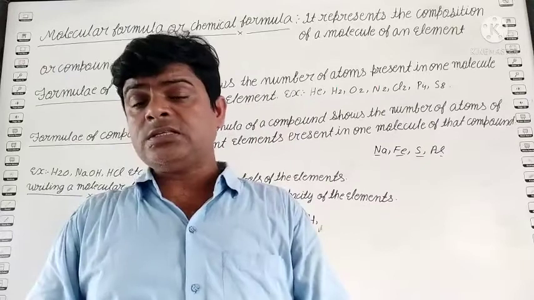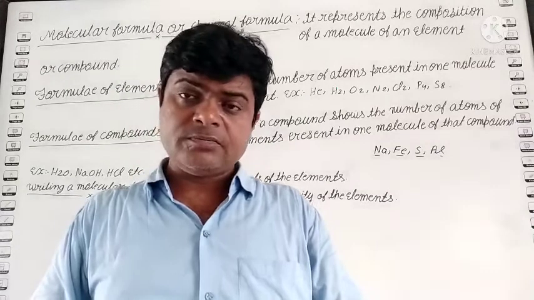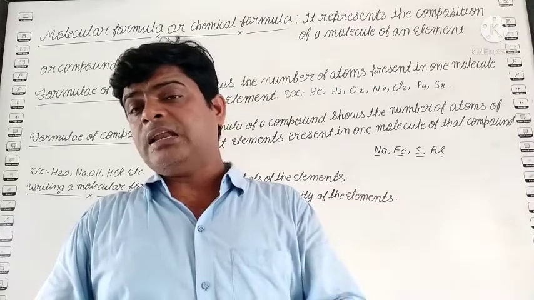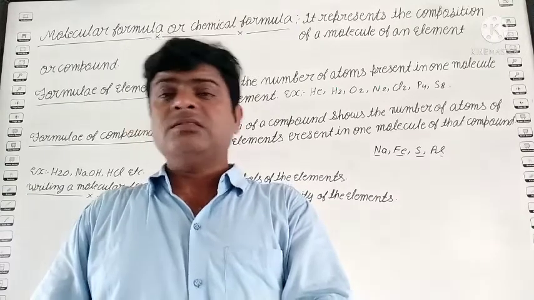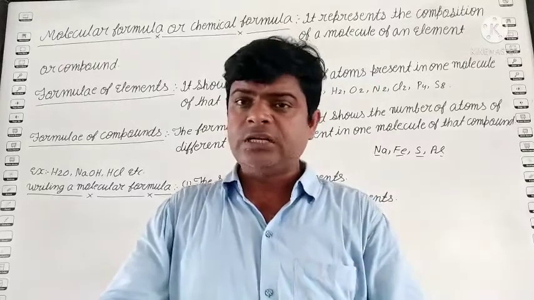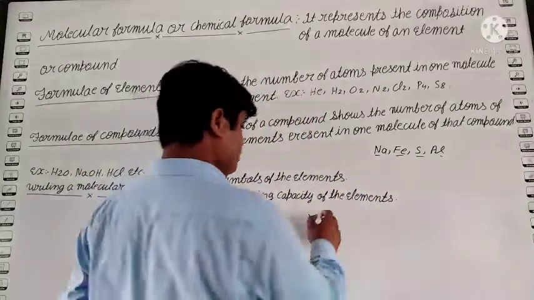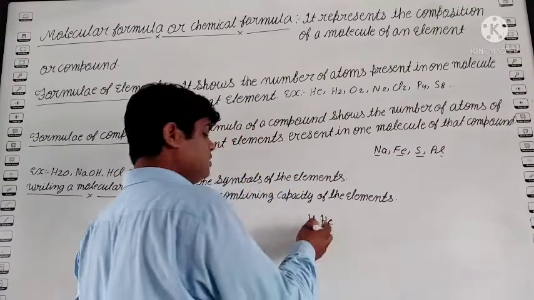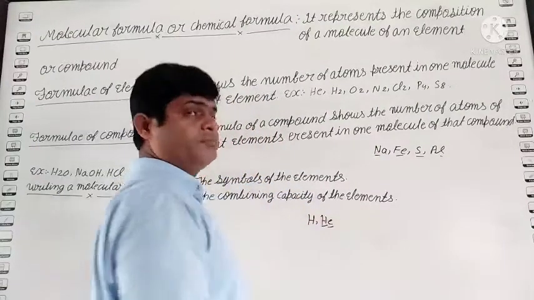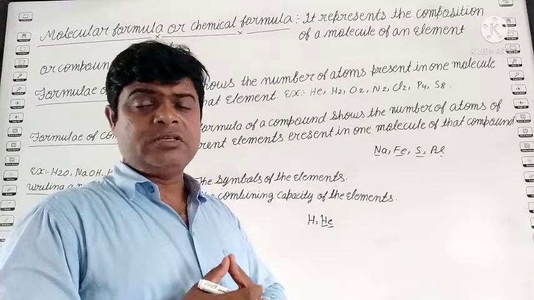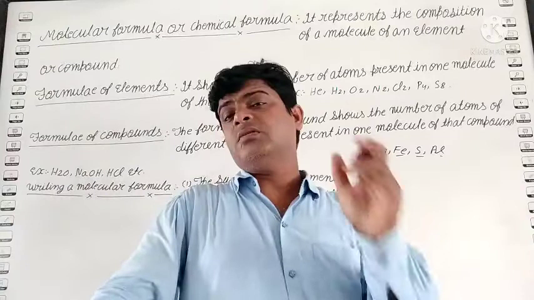According to Berzelius, first we take the first letter. If another element also starts with the same letter, then we take the first letter and after that one small letter. Helium also starts with H, so first H, second e. Clear? Carbon starts with C, because carbon has atomic number 6.